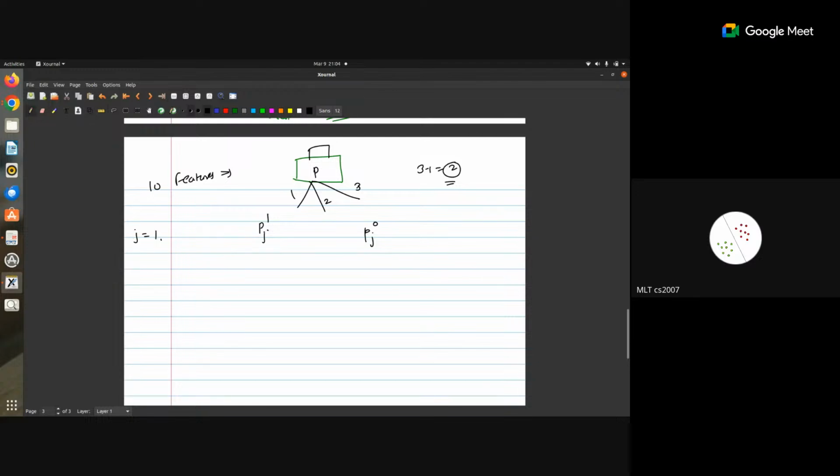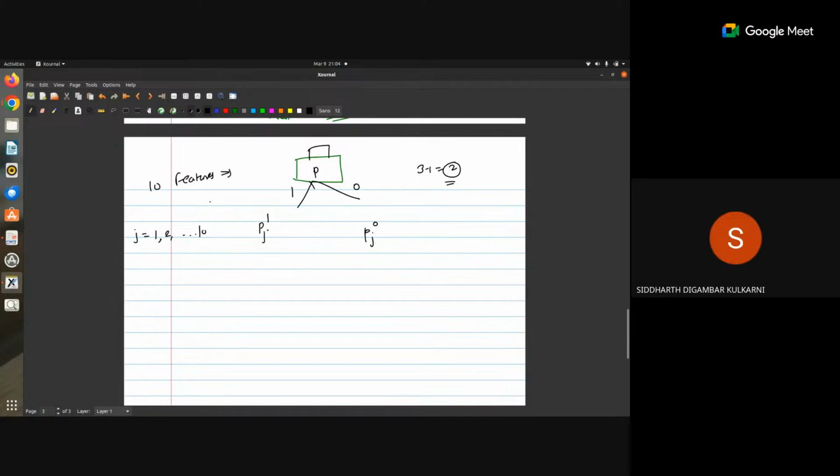Let's say it was a spam class and a non-spam class, like we will consider a class 1 and a class 0. In that case, for each of the features, we will have two parameters we'll have to find out. For each feature, two parameters.